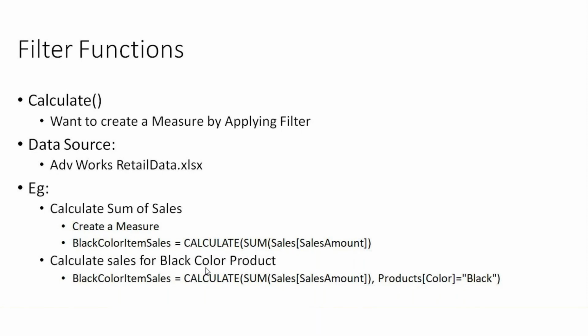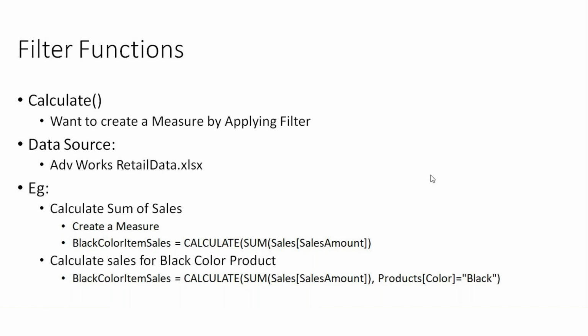So what function are we going to be using? Calculate. The function is going to be applying what? Applying the filter, then whatever data you're getting, based on that data it is going to be aggregating. Yeah, any questions? Sir, can we apply multiple filters, like more than one filter?